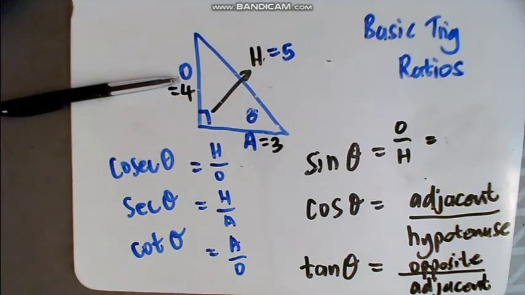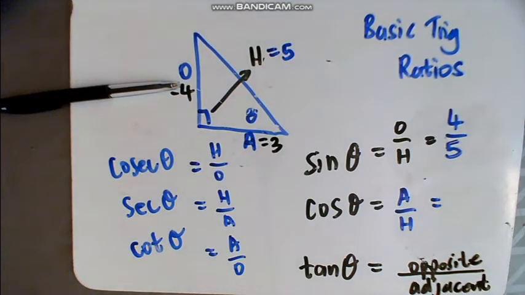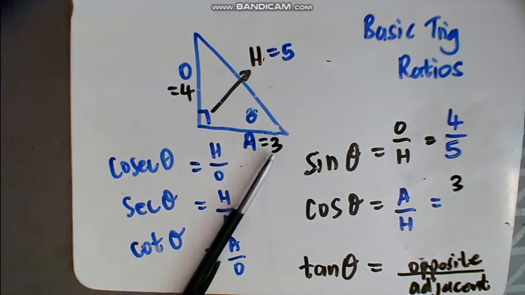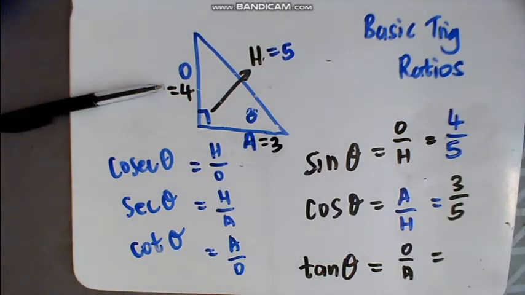We can see that the opposite is 4 and the hypotenuse is 5. For cos theta, it's adjacent over hypotenuse, so we can substitute the numbers: 3 over 5. Now we can go to the next one. Tan theta is opposite over adjacent. We can substitute the numbers: 4 over 3.